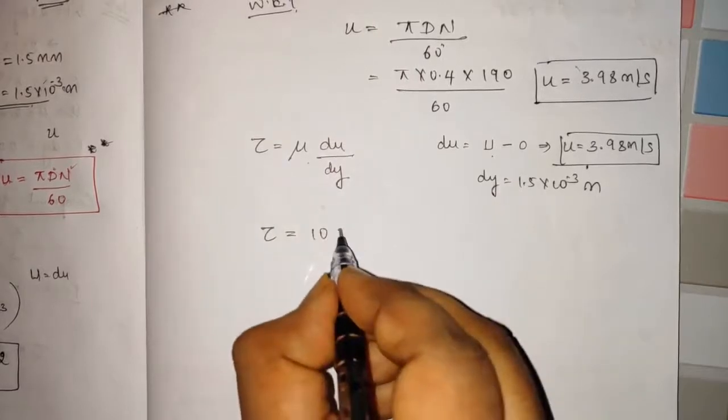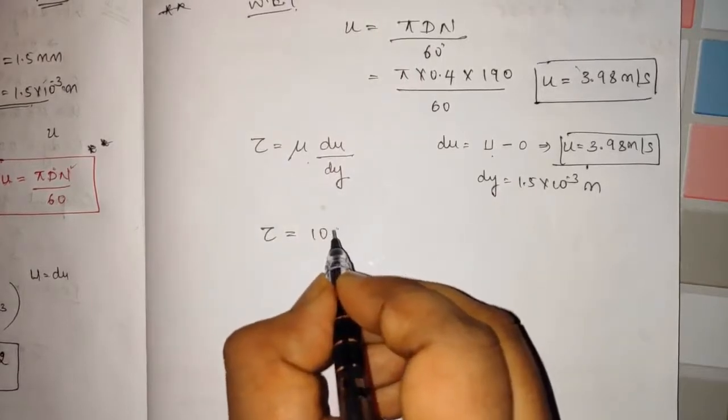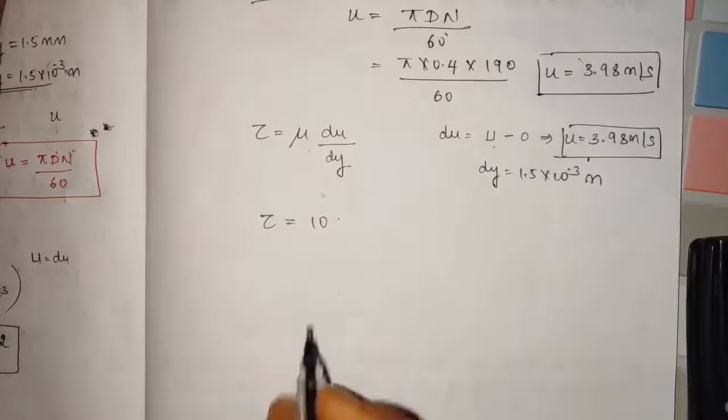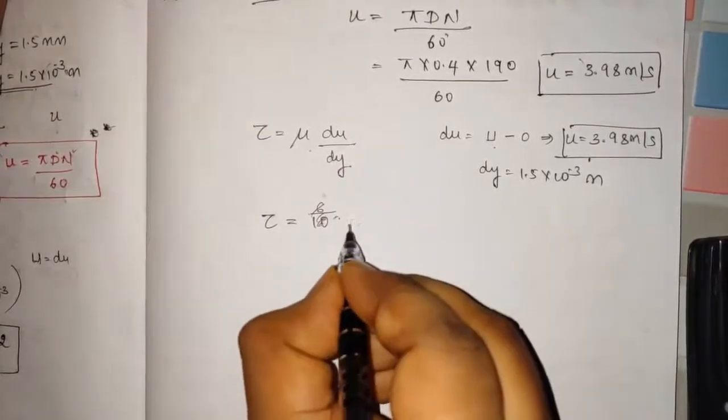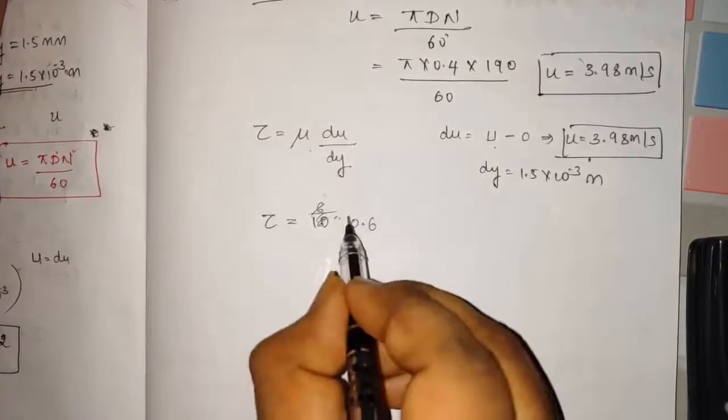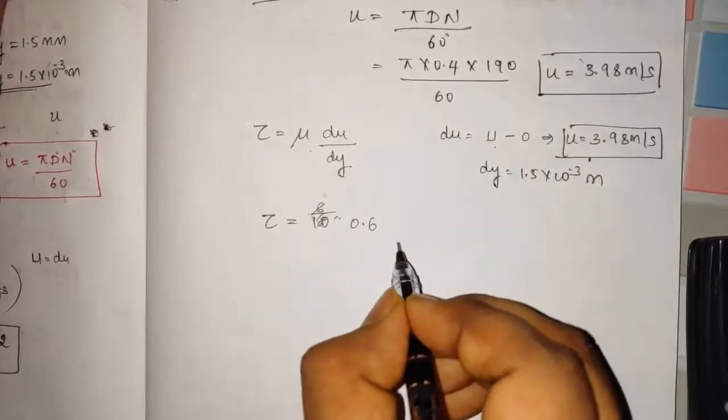Mu is 0.6 Newton second per meter square, right?